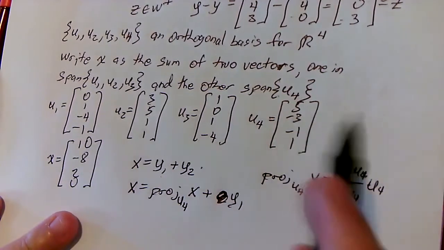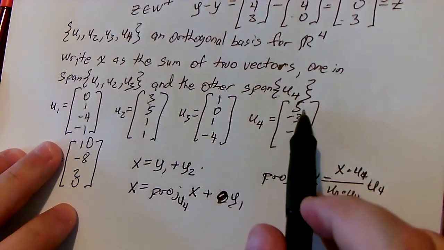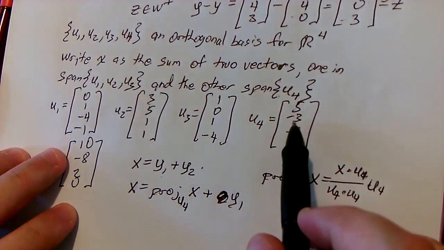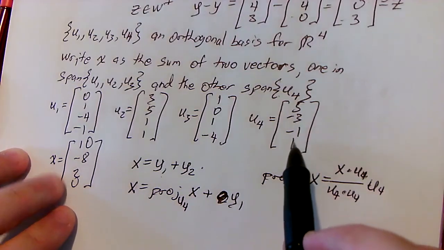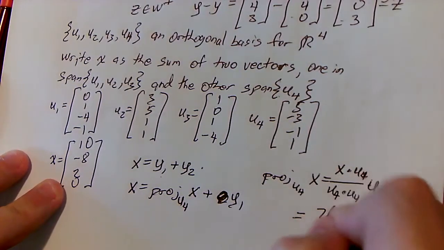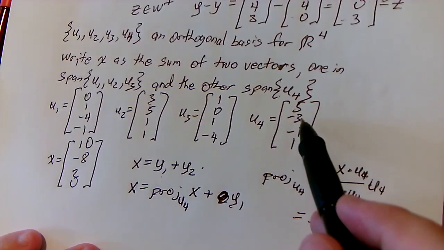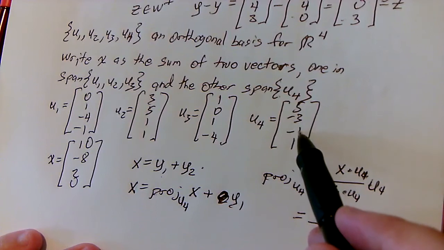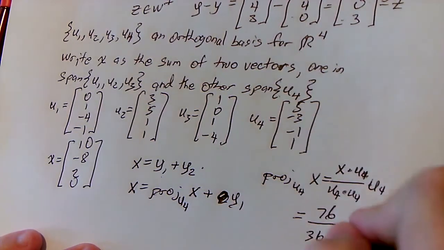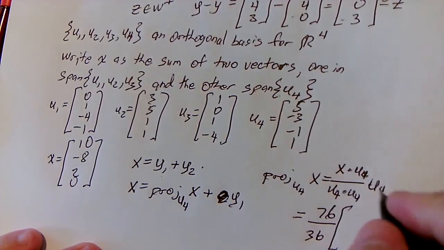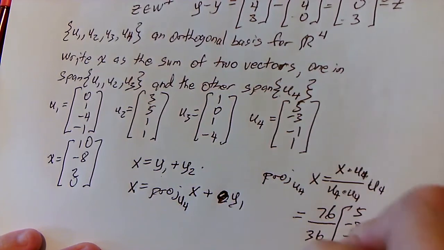So x dot U4, that's going to be 50 minus 24, so plus 24, so 74, plus 2 is 76, and 0, so I get 76 for the numerator. Then U4 dot U4 is 25, plus 9 is 34, plus 1 is 35, plus 1 is 36. So 76 over 36. And that's going to be times U4, which is 5, -3, -1, and 1.